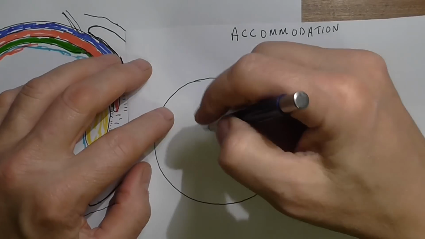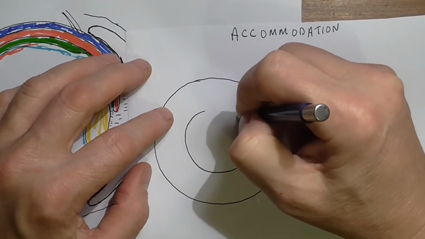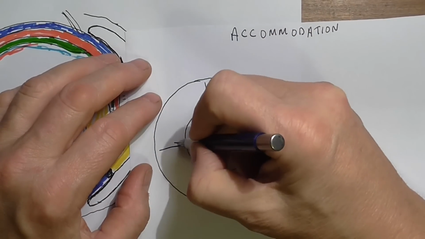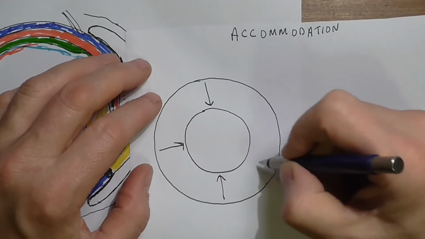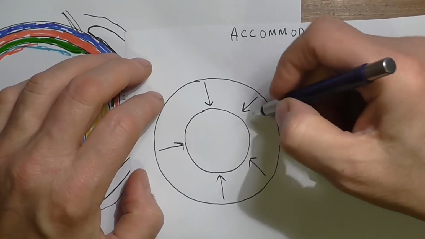When the muscles contract, that's going to reduce the size of the gap in the middle. It's going to increase the thickness of this ring here. It moves in like this.